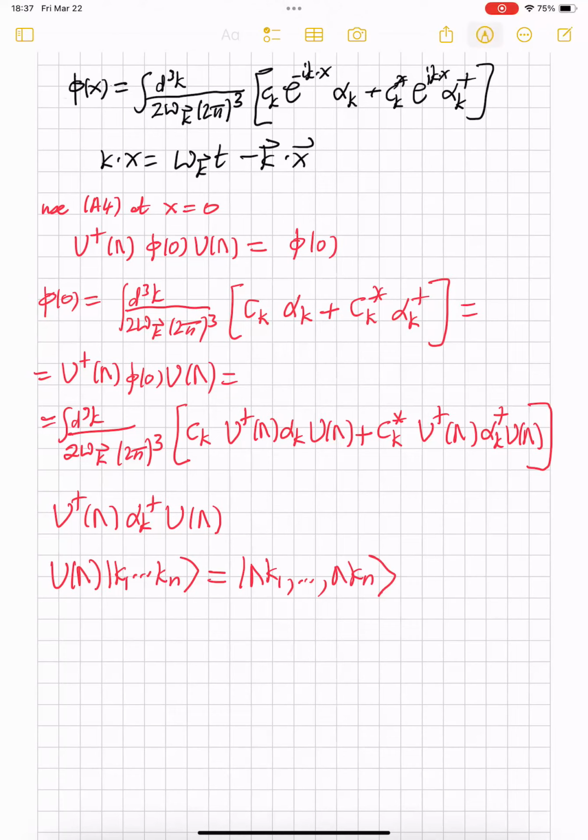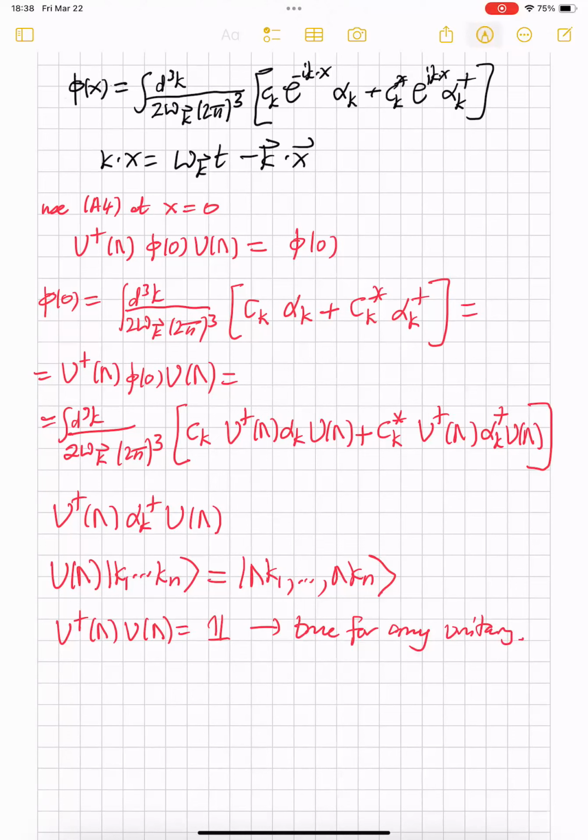Next, we know that u dagger of lambda, u of lambda is equal to 1. This is not a property of Lorentz transformations. This is true for any unitary operator. So this is not special to Lorentz transformations.